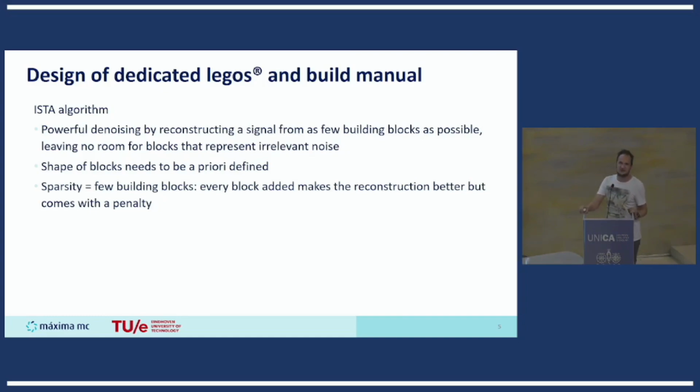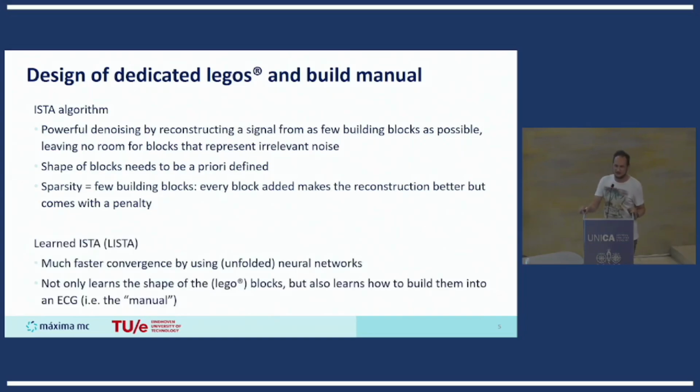A problem with that is you need to a priori define the shape of the blocks, which is difficult because, as said, if we cannot use adult ECG to do very realistic simulations, we also don't know what these building blocks look like. But then there is learned ISTA, so it's a neural network implementation. It's basically an unfolded neural network, because ISTA is an iterative algorithm, as what the I stands for, but you can unfold the neural network and then you can expedite the training a lot.